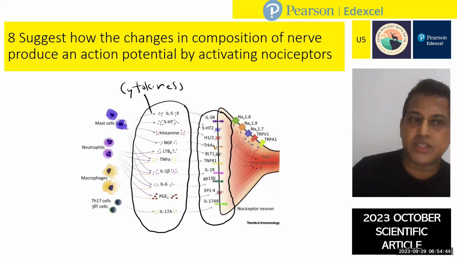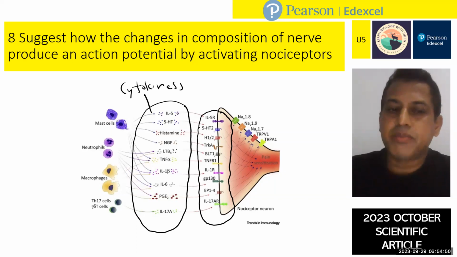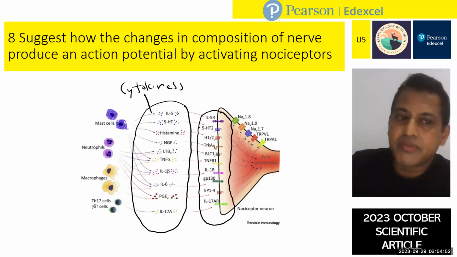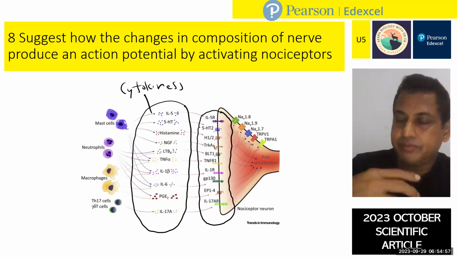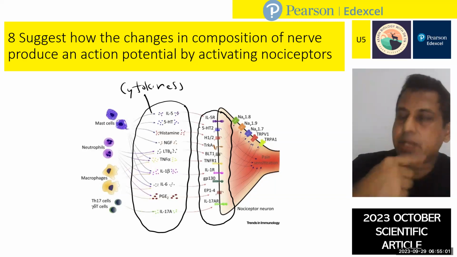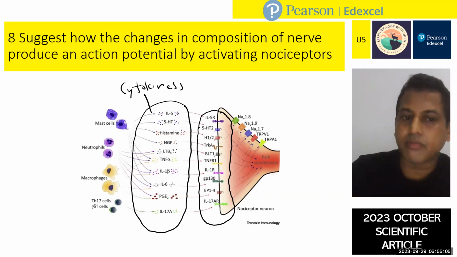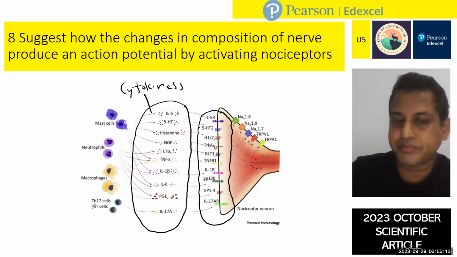When you say composition of nerve altered, that means they produce more complementary receptors for many different chemicals. As a result, the nerve ending can produce a generator potential, and this generator potential finally leads to an action potential.